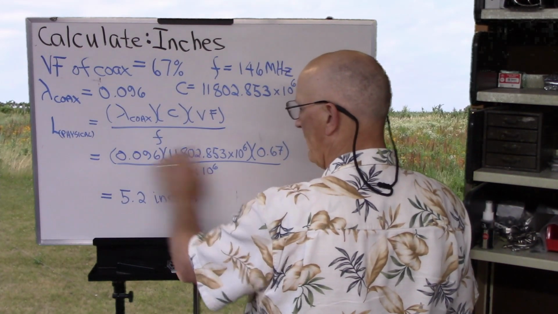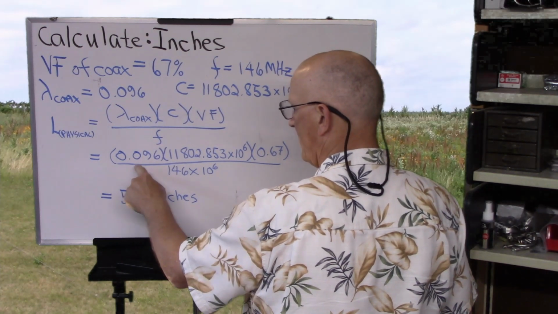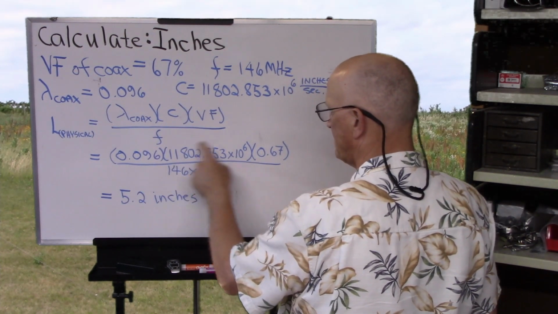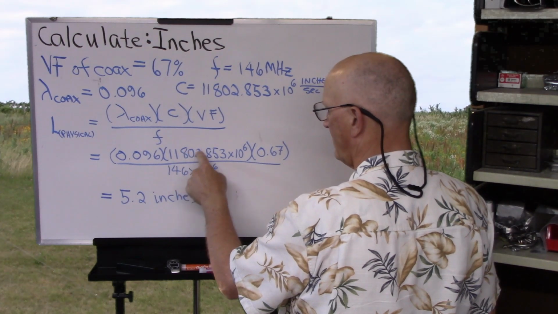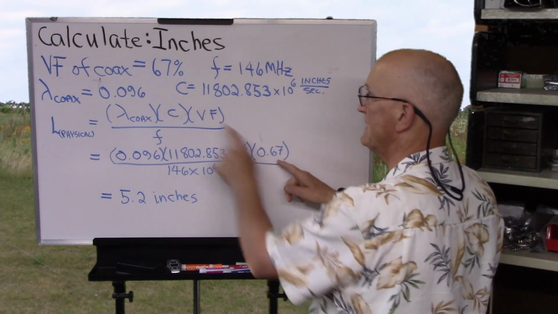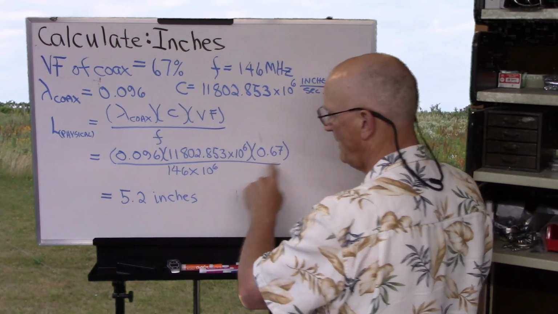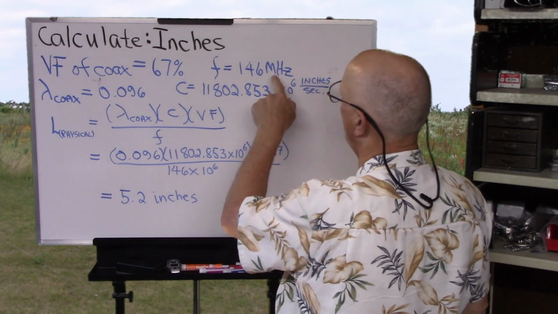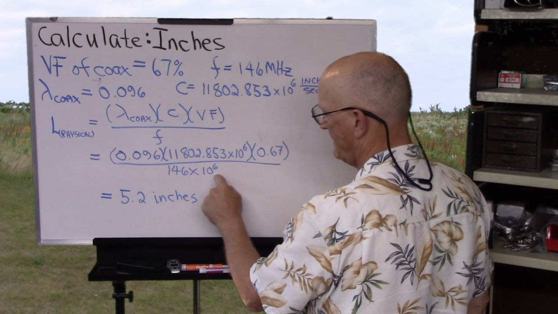And so we come out with the electrical length 0.096 times the speed of light 11,802.853 times 10 to the 6th times the velocity factor, which is 0.67, all divided by 146 times 10 to the 6th.